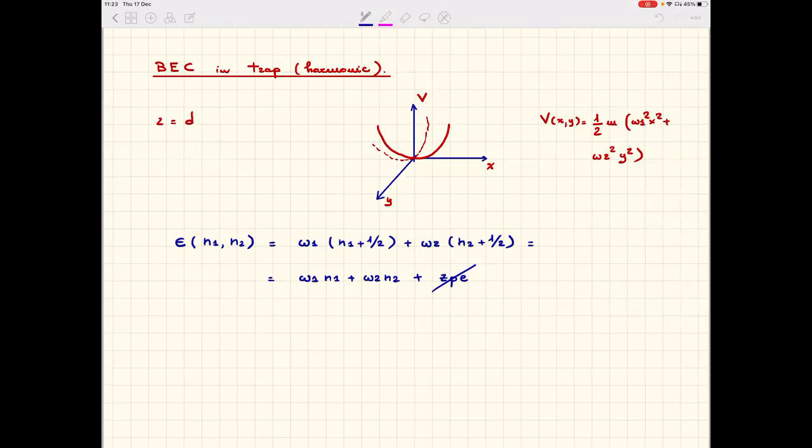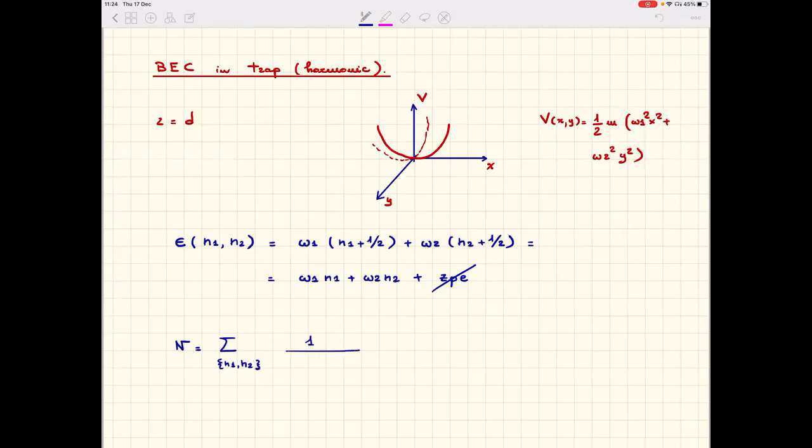And now I have to sort out whether a system of particles in this harmonic trap will or will not display Bose-Einstein condensation. How do I sort it out? Well, I just have to solve the equation n equal to the sum over n1 and n2. So this is the discretized version.